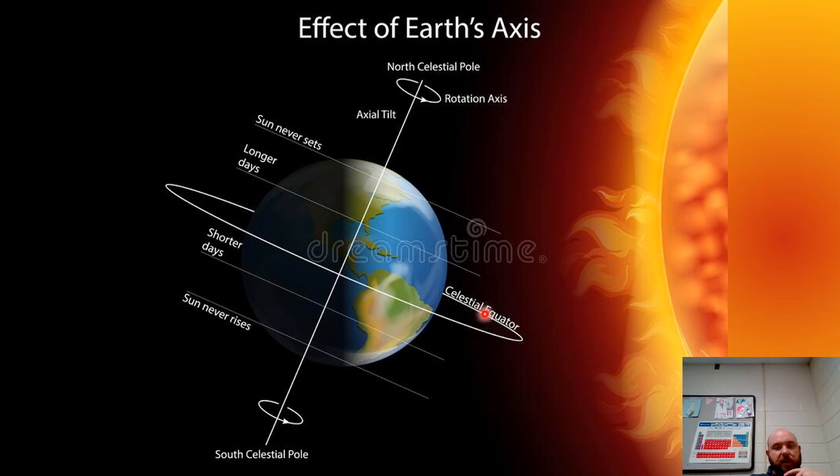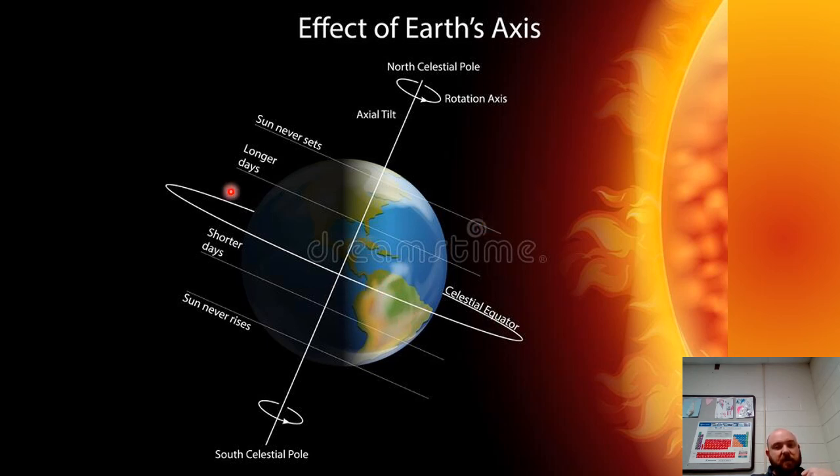So this slide here shows what the tilt kind of does to the Earth as it's pointed at the sun. In this image, you can see that because of the tilt, the northern hemisphere, which is, if we look maybe about right here, here and up, is tilted more directly at the sun than the southern hemisphere.